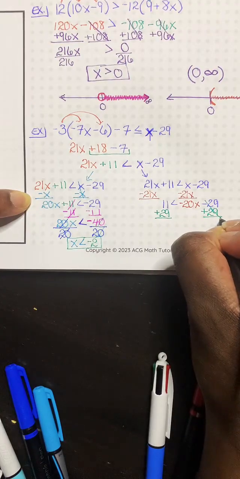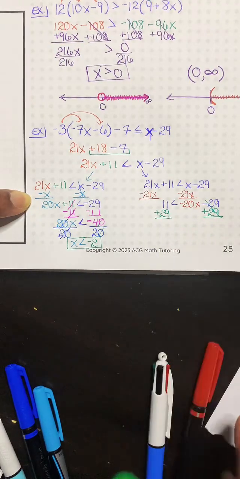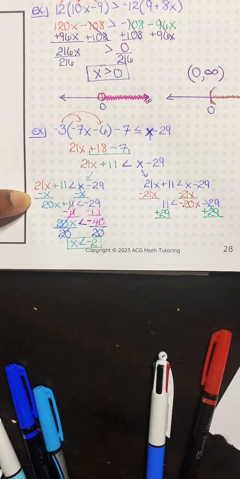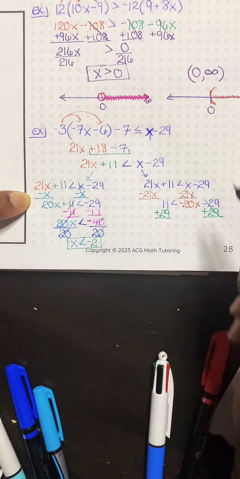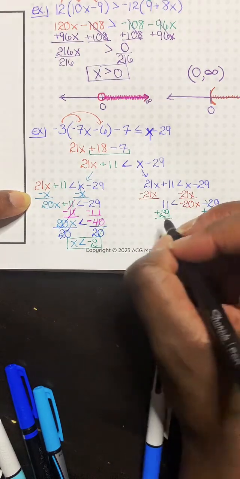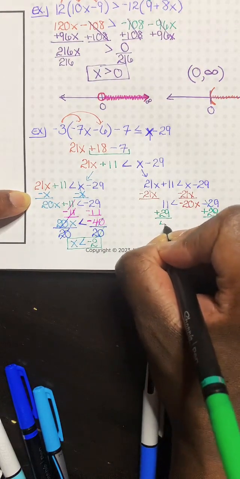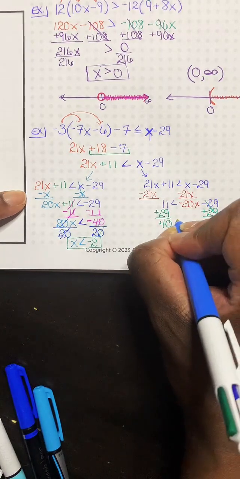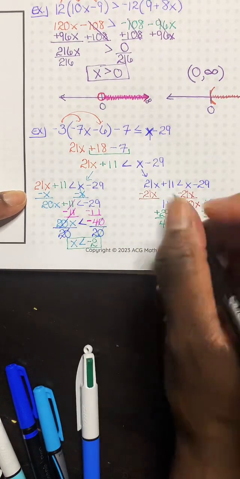They cancel out, leaving me with 0, but I don't need the 0 because I still have that negative 20x. So we have 11 plus 29. Again, that's 40. You're starting to see how it evolves into what we just did.